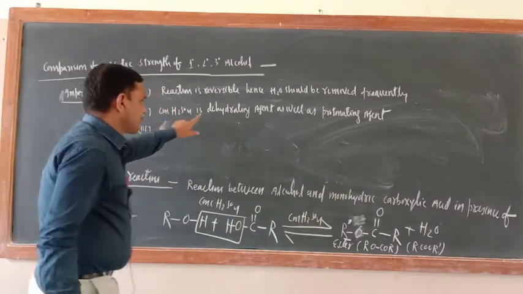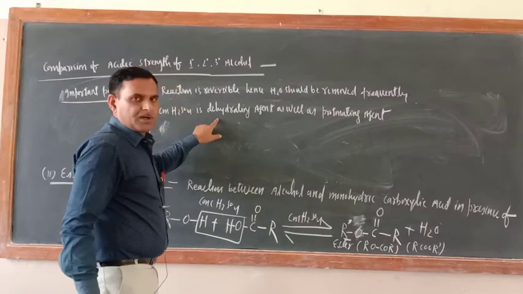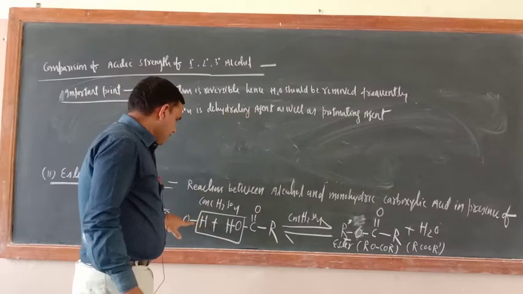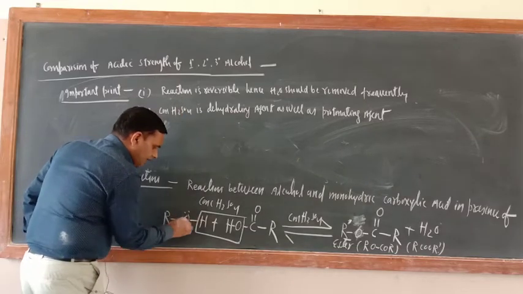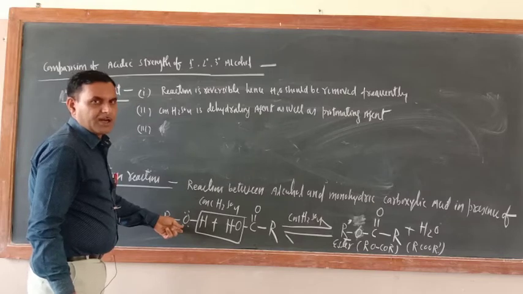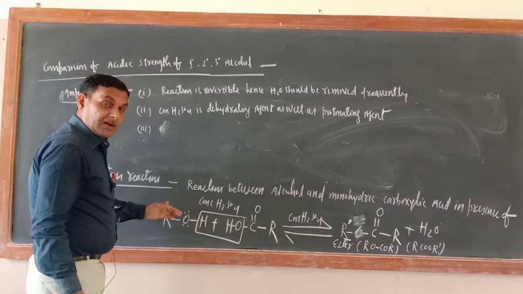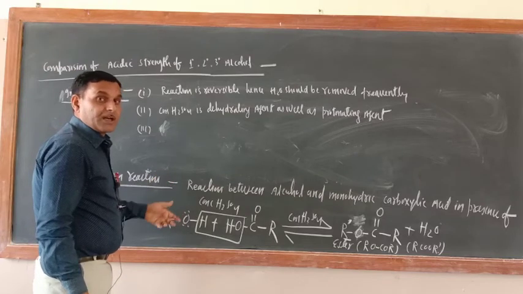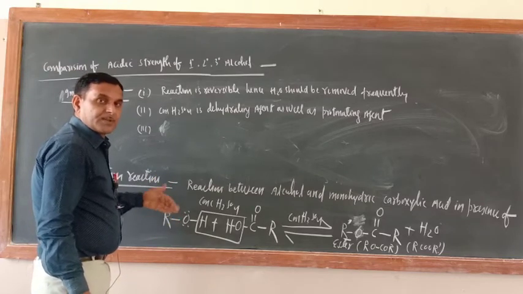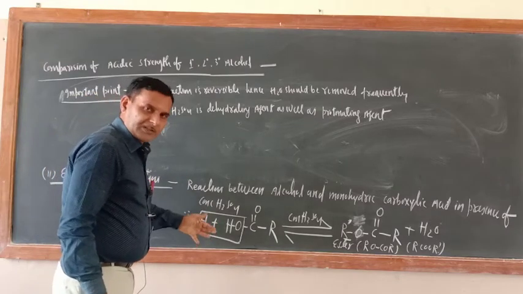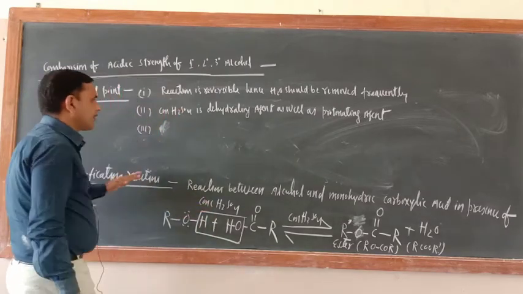H2SO4 is a dehydrating agent because it removes the water molecules, as well as a protonating agent because it protonates the alcohol. When alcohol is protonated, then only it will act as an electrophile. In carboxylic acid the mechanism is also given. Here the mechanism they have not given.